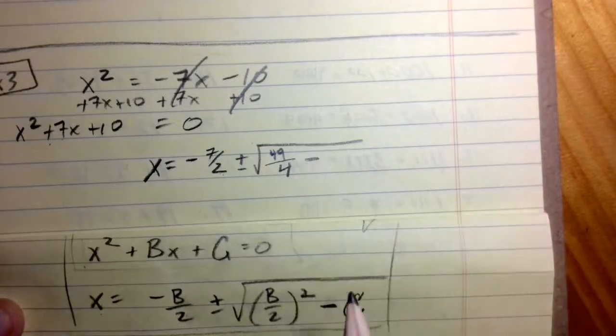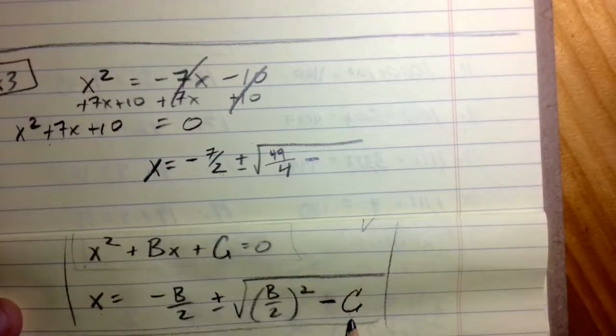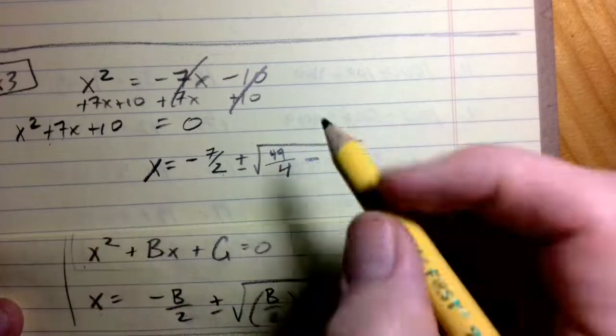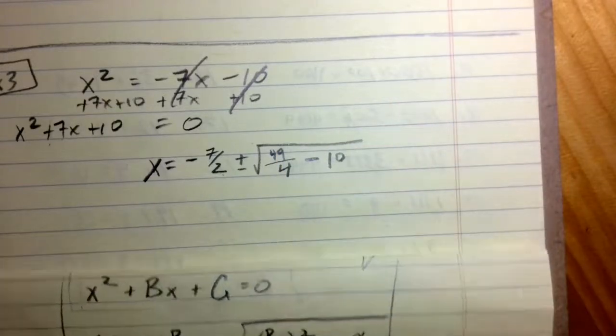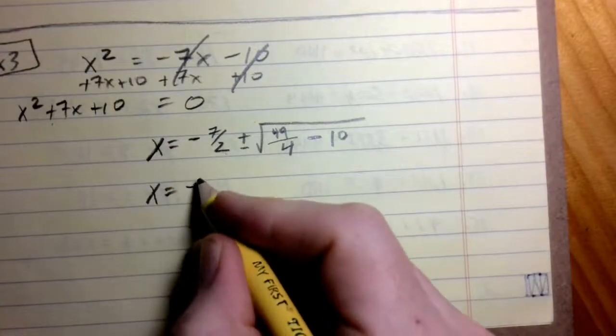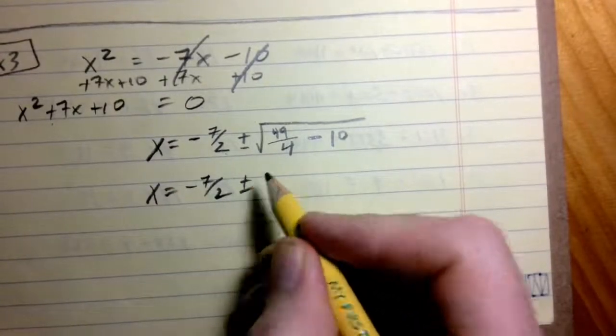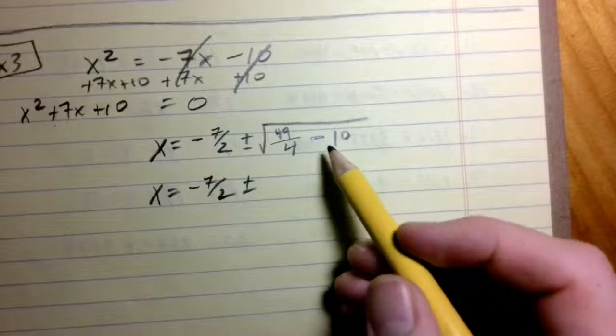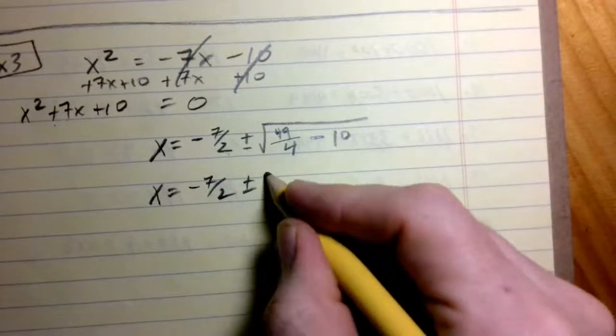Then you're going to subtract c. So I'm going to subtract 10. Okay, so I've got negative 7 halves plus or minus, now I've got 49 fourths minus 10.